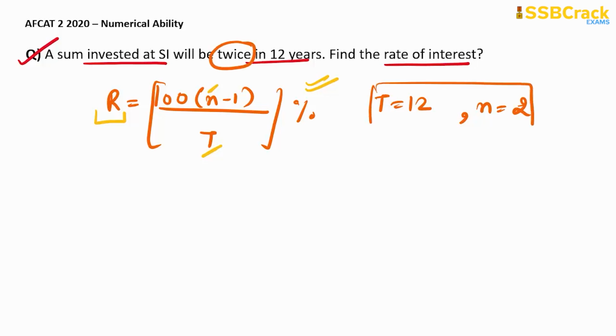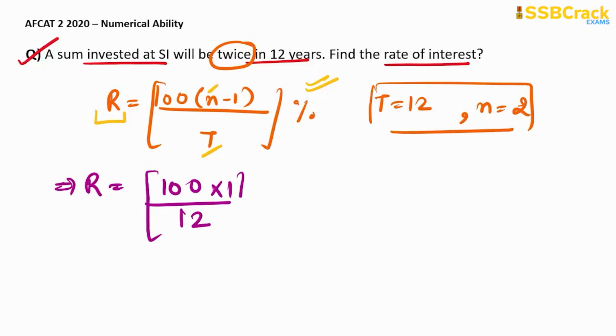So now we can easily find the value of R by putting these values in this formula. Here R will be equal to 100 into (2 minus 1), that is 1, divided by 12, percent. Now 100 by 12 should be the direct answer, or you can also convert it into decimals.